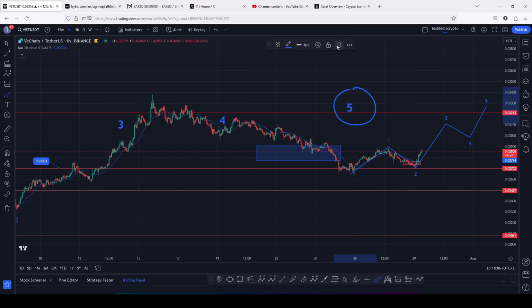And because of the impulsive nature in that Elliott wave count 5, I am expecting to see a micro Elliott wave count in a 5 wave structure, giving us the high for this larger Elliott wave count 5 that I have right here.